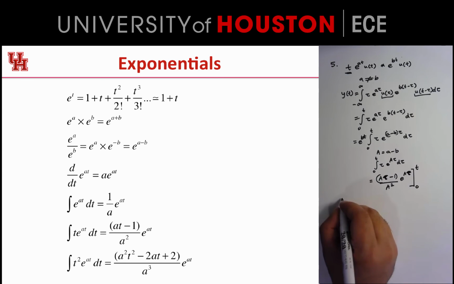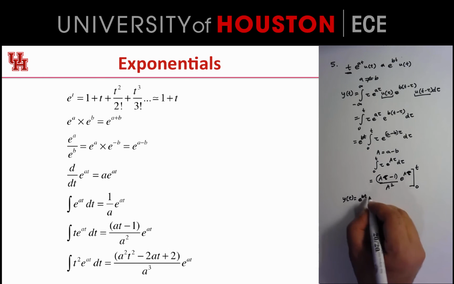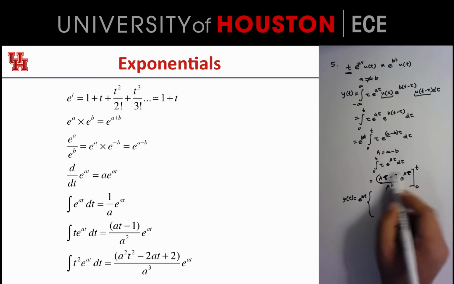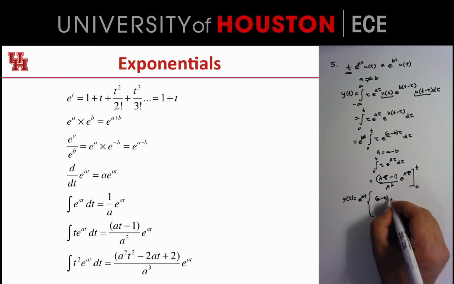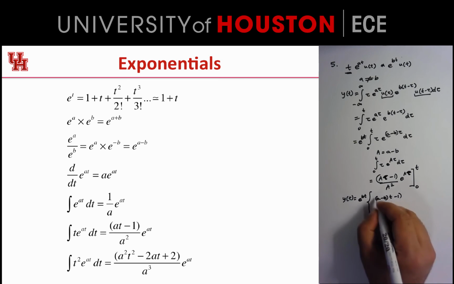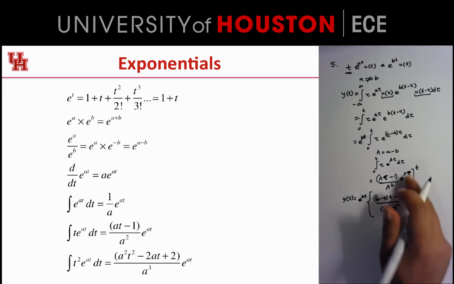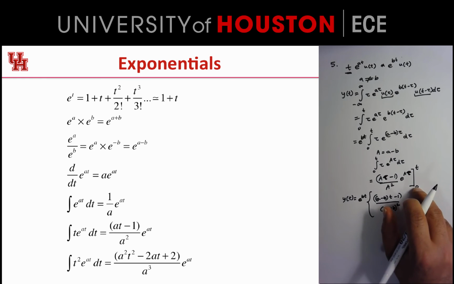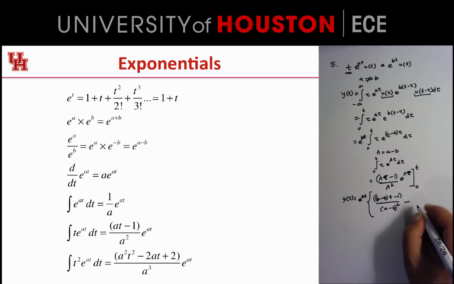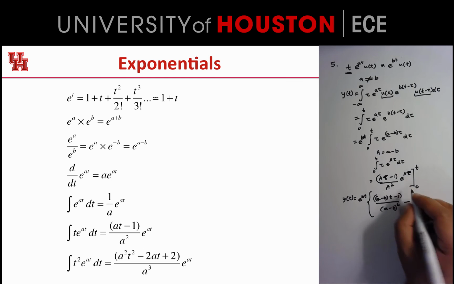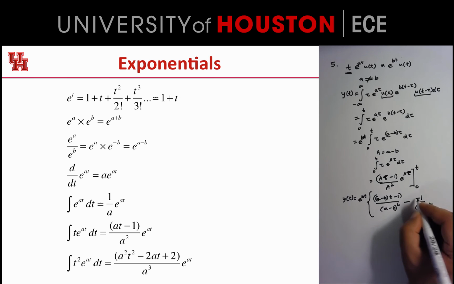So y(t) is given by e to the bt times this expression with a replaced by a minus b, so (a minus b) t minus 1, divided by (a minus b) squared, minus the same expression with 0 stuck in for tau. On the numerator you get minus 1 divided by (a minus b) squared. This minus and this minus cancel.